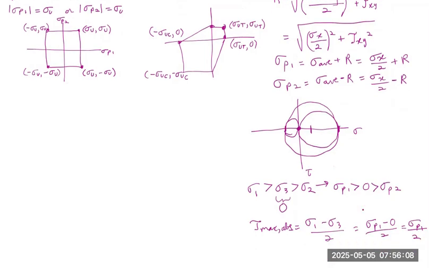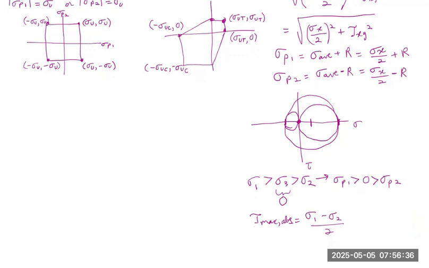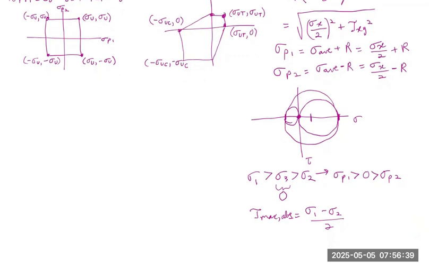And this Tmax absolute will be the largest value minus the smallest value, which in this case isn't going to be sigma 3 anymore. It's going to be sigma 2. So it'll still be principal stress 1 minus, okay, this value will also change. So many things will change, so just be careful about that part.